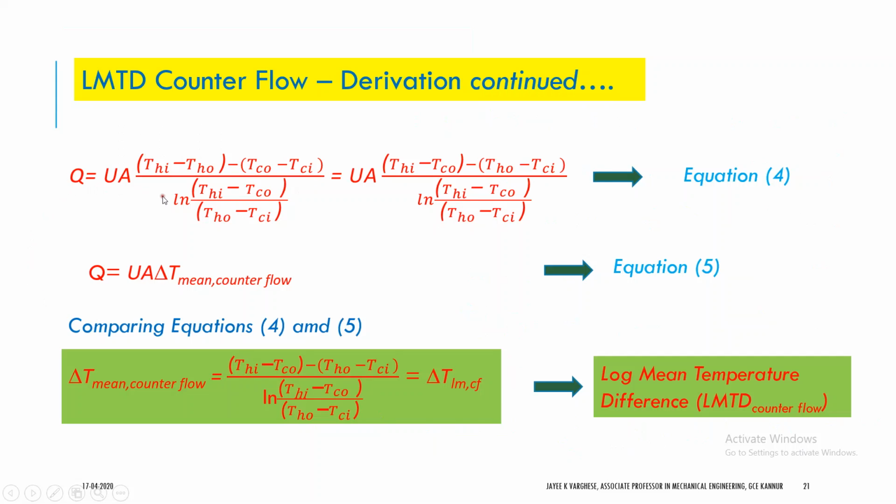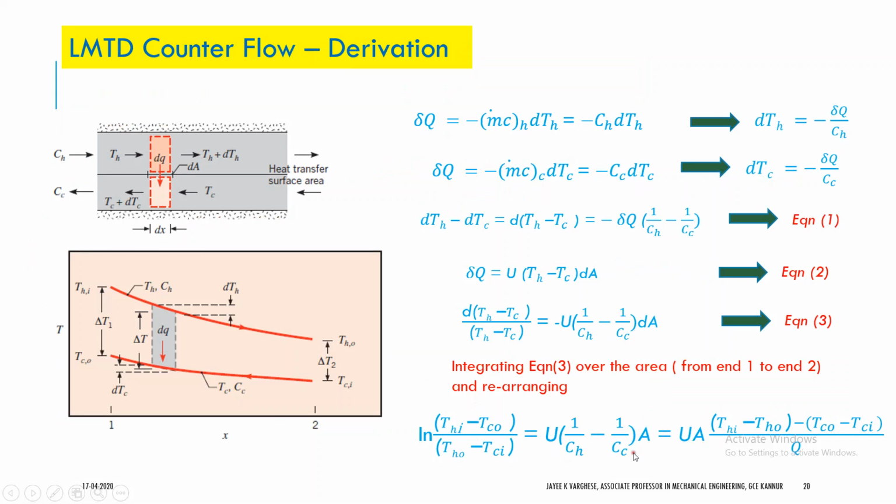Q is equal to, see, Q is taken to the left side. Only Q is retained on the left side of the equal sign. So UA, the numerator, divided by this log will be taken to the right side.